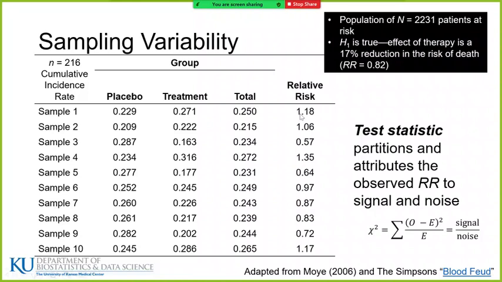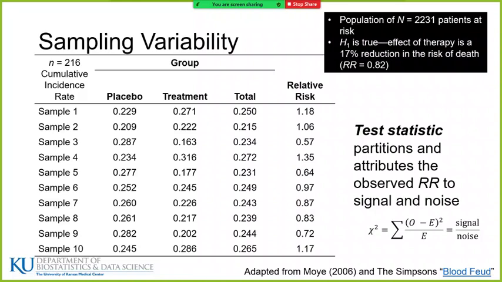But I need to quantify the impact of sampling variability so the people who are consuming this information can go, well, that might not be real, because there's a lot of sampling variability that's built into this relative risk. So it could be completely inaccurate.